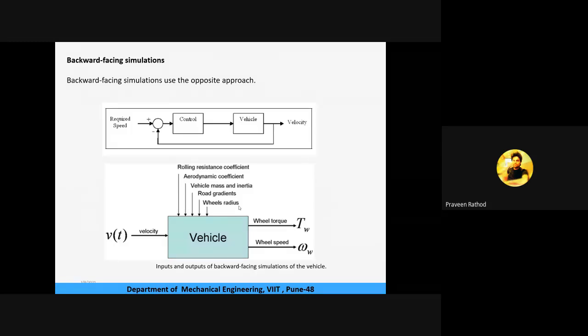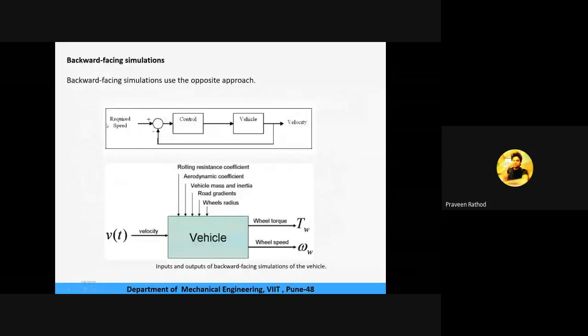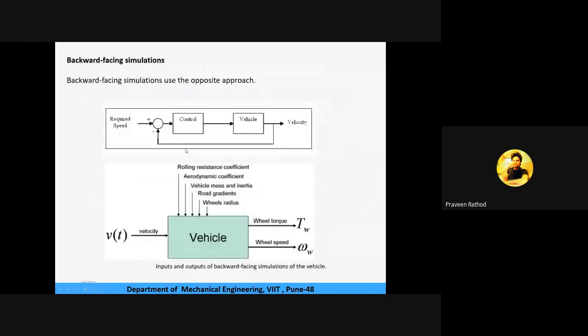Okay. In the forward facing model, the inputs of the components are generalized forces and outputs are generalized motion. This is the full detail for forward facing, and these are the input and output for the motor. Once we go with the backward facing, it is the opposite approach.